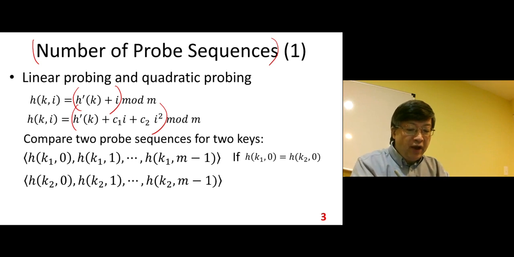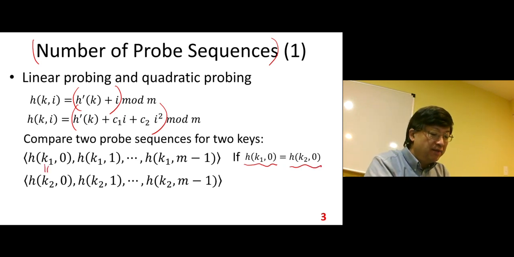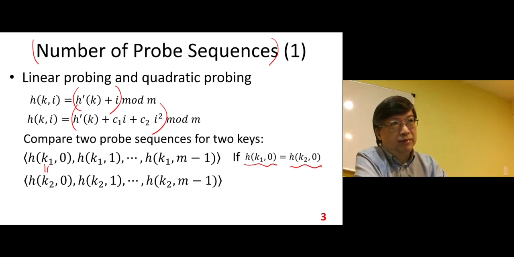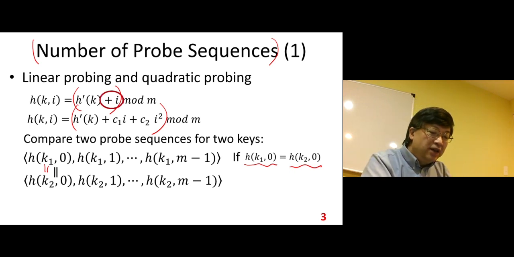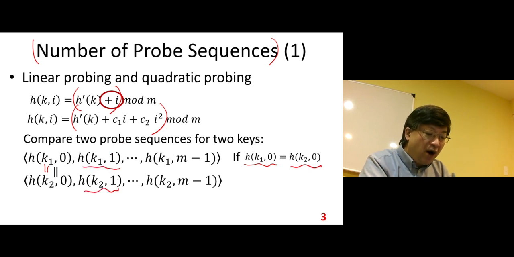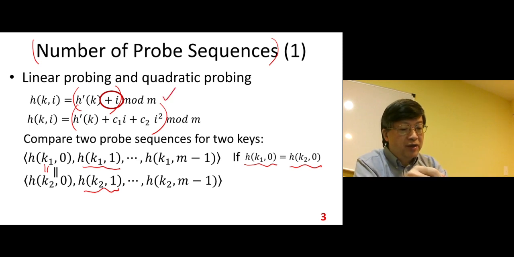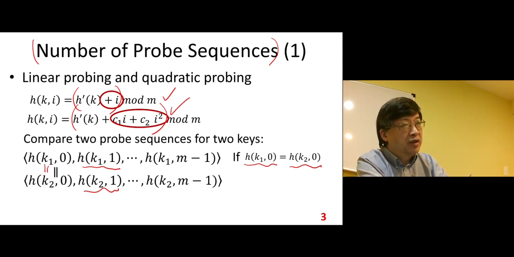If the first two values are the same, we consider this situation. That's possible. Let's look at what would happen. If the first value of the two sequences is the same, then you will see the second value of both is the same, whether you use the linear or quadratic hash function.